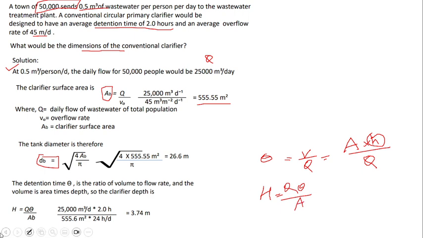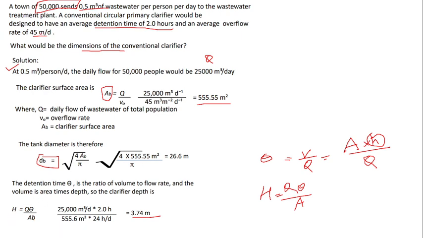Q is 25,000 meter cube per day, theta is 2 hours, and A is 555.6 meter square. Since theta is in hours, we are converting it to per day because the flow rate is per day, so divide it by 24. The final value is 3.74 meters, which gives you the height, that is, the depth of the clarifier.